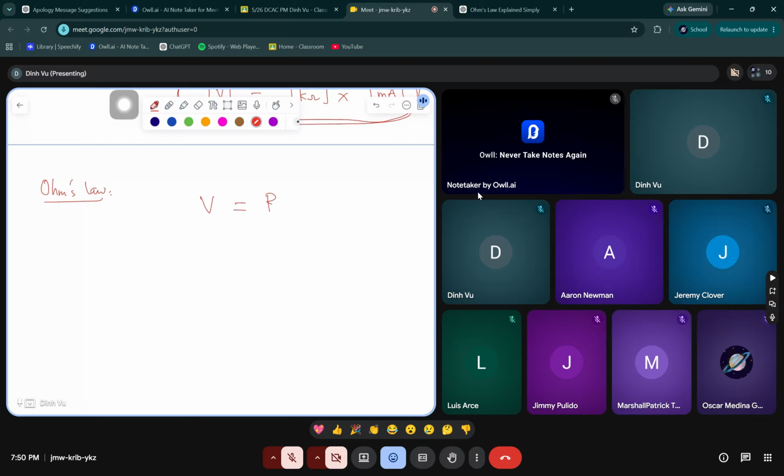V is R times I. So we have a resistor here, R, voltage is V and current is I. So we calculate the voltage V by taking resistance R multiplied by the current I. This is Ohm's law.